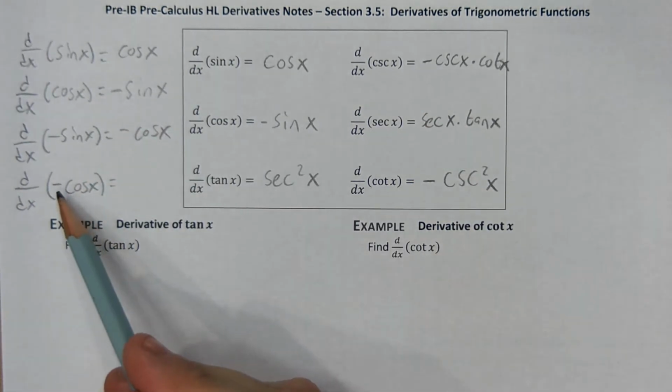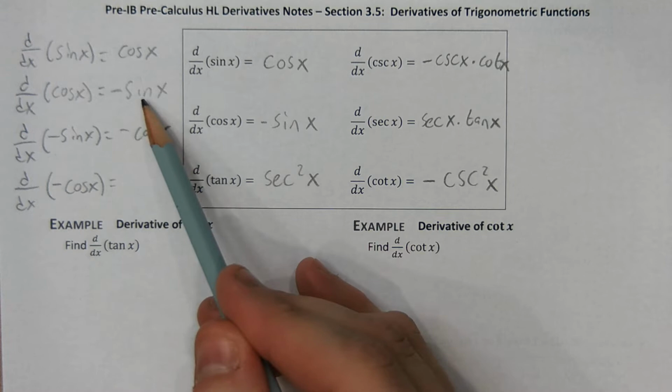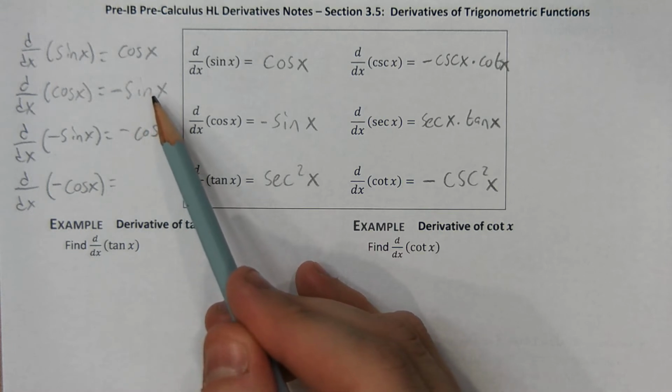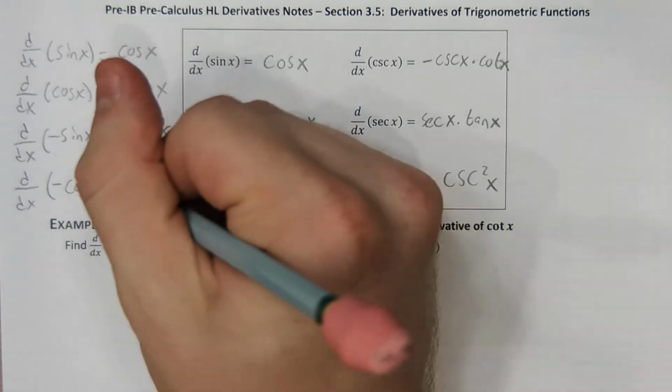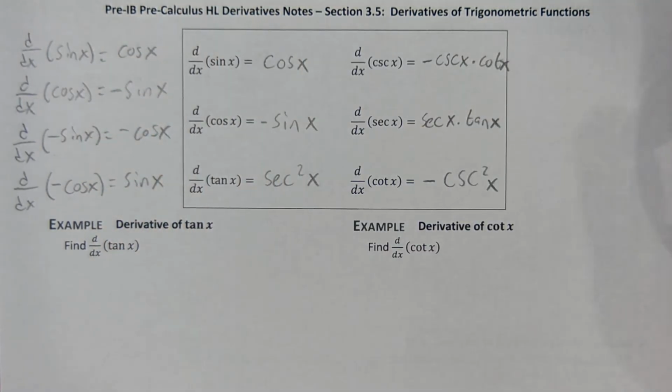Again, the negative is just a constant that comes along for the ride, so it would be the derivative of cosine of x times -1. But the derivative of cosine of x is negative sine of x. So negative sine of x times -1 is sine of x. As it turns out, sine of x is its own fourth derivative.